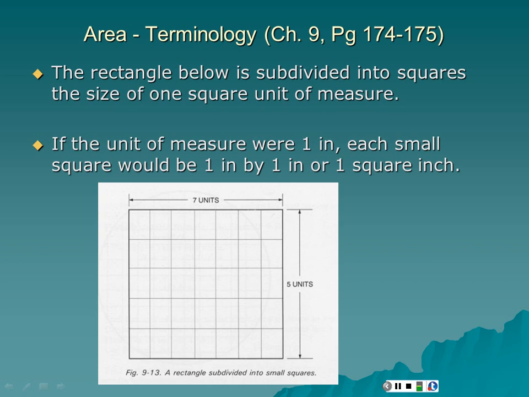Now let's try to count how many squares you have. In total you have 35 cells. You can get the number of cells just by multiplying the total units along the horizontal line and along the vertical line. When you multiply 7 times 5, you get 35, right?